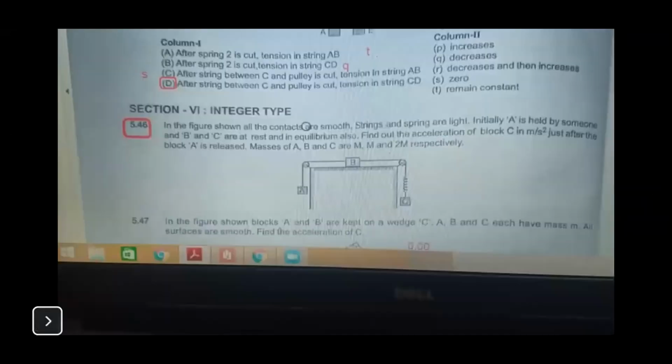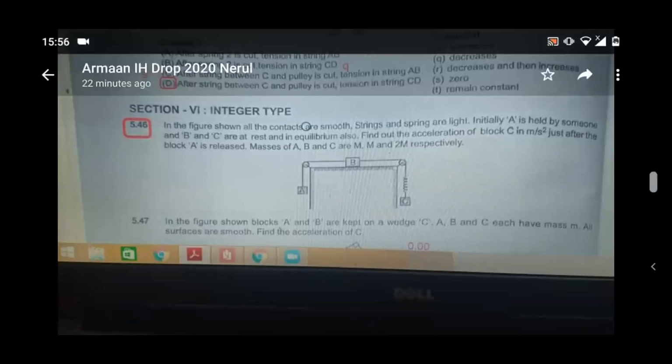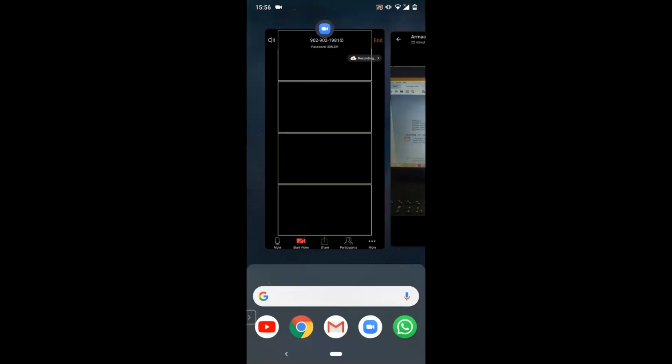So what is happening on the right side where C is there? C's body diagram. Now what is the question asking? Immediately, just after the block A is released, what is happening? If you look at C's free body diagram, just a minute, I will make the FBDs.